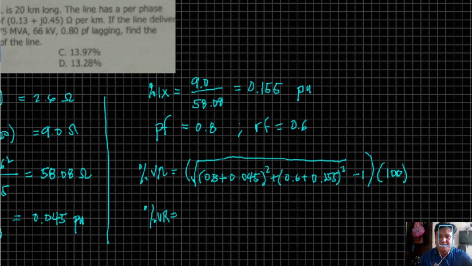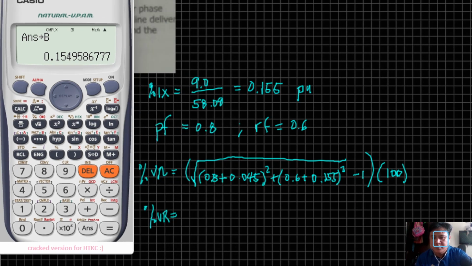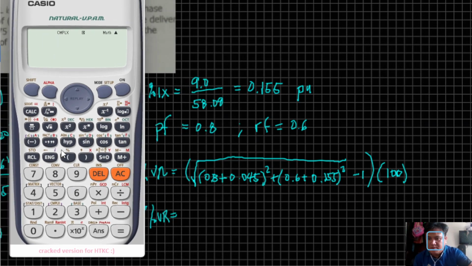Okay, so percent VR will equal to A and B, ano? Square root of 0.8 plus A squared plus 0.6 plus B squared, then minus 1 times 100.